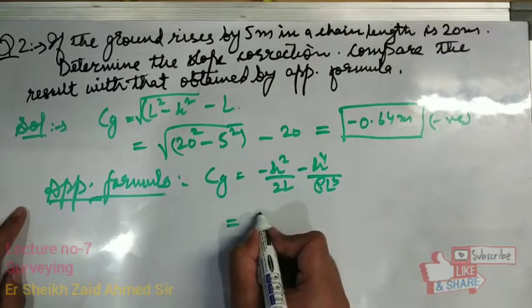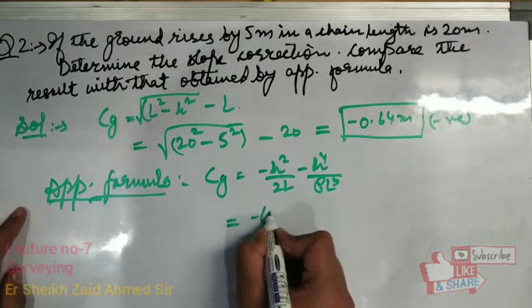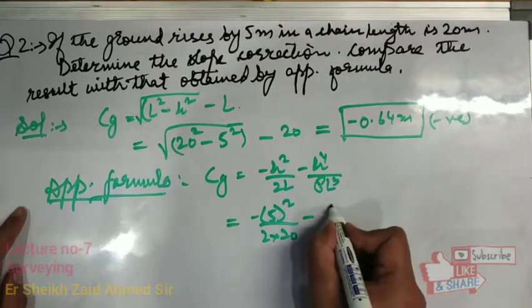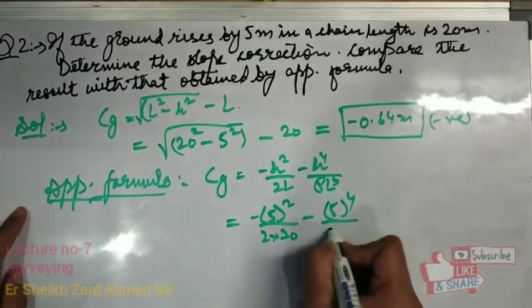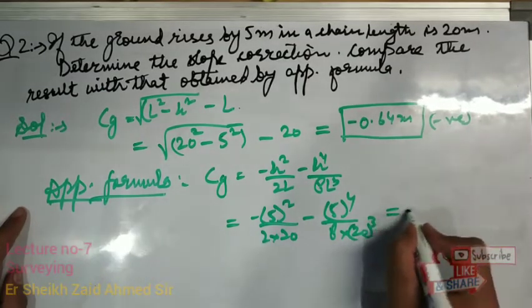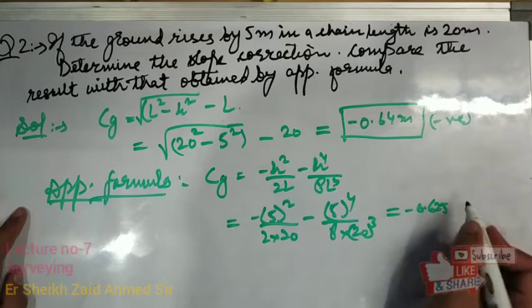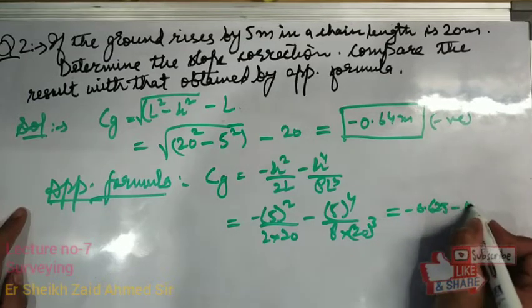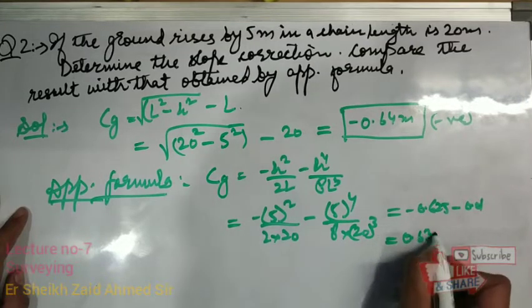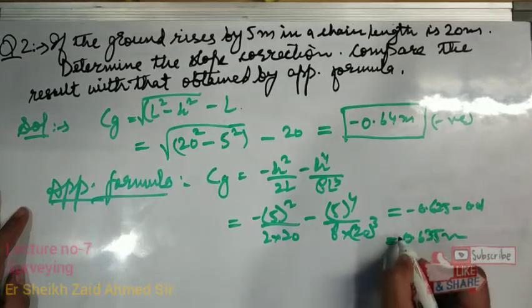So we will substitute all the values and we'll get the answer as minus 0.625 minus 0.01, which will be 0.635 meter negative.